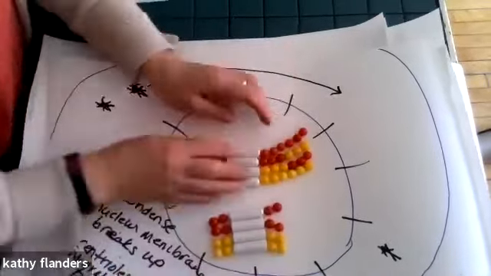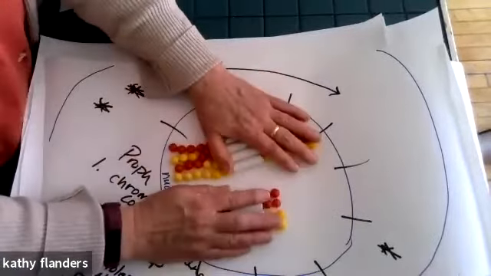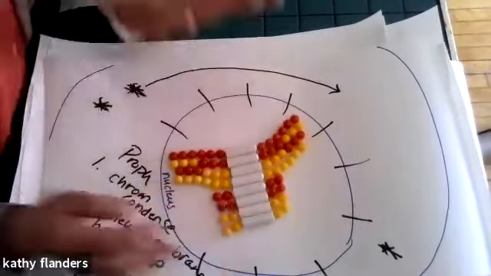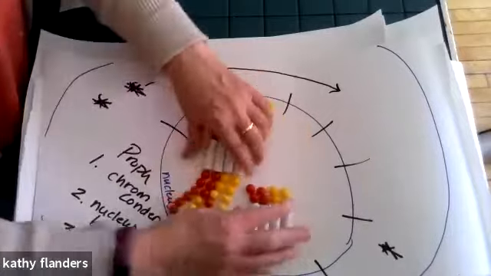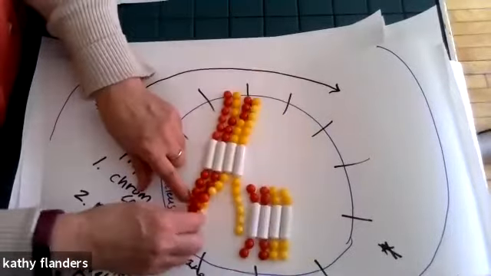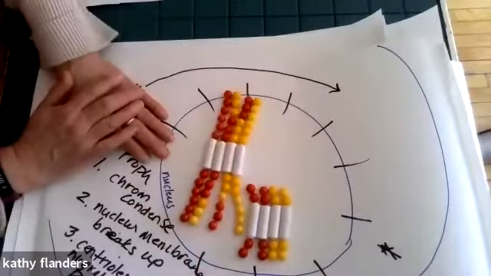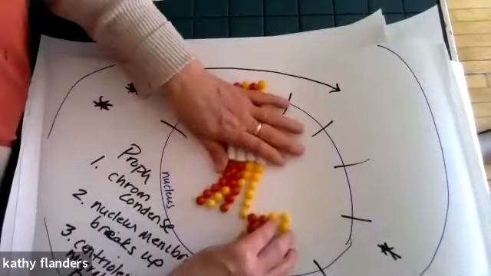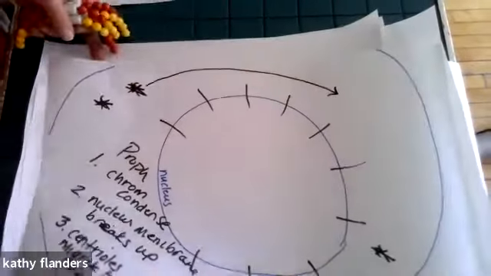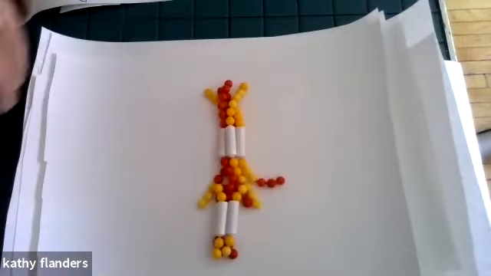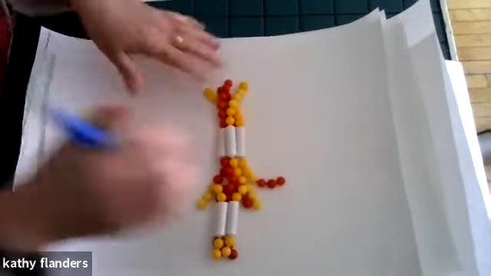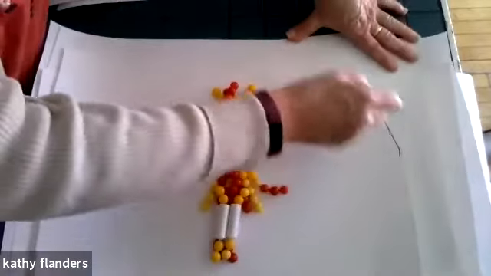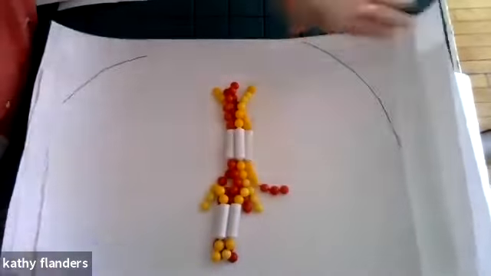All right, so my homologous pairs have lined up together and they have traded information called crossing over. Now what's going to happen? What's my next phase going to be? What's my next phase called?